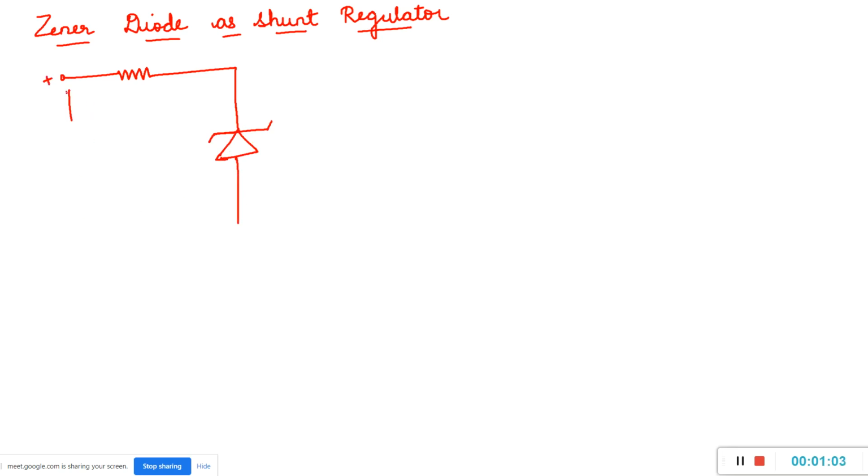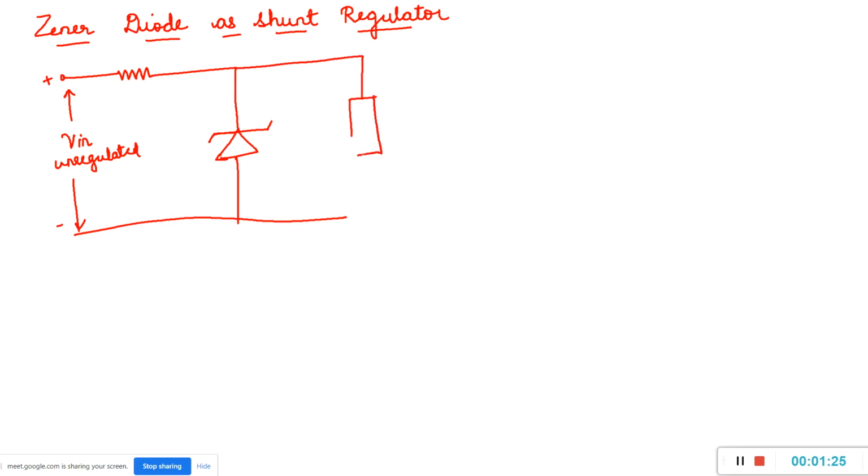For the diode we are going to supply the input Vin, and here we have a load. Load is nothing but a resistor, okay? So this is a very simple circuit. Here there is a resistor R and a current flow which is represented by I.